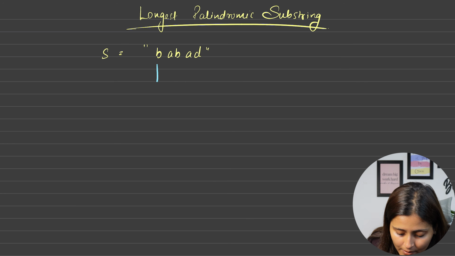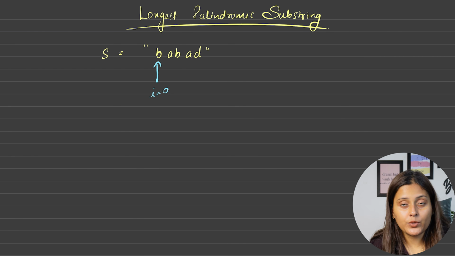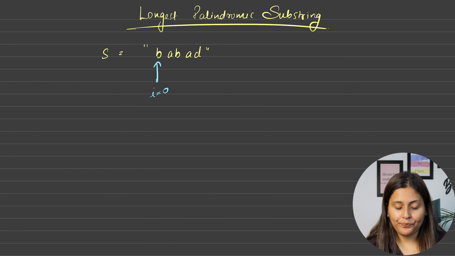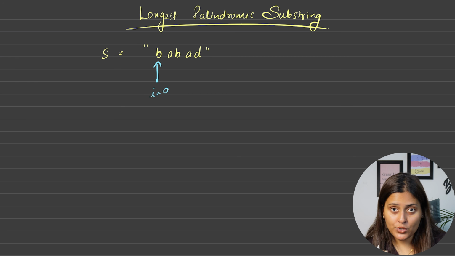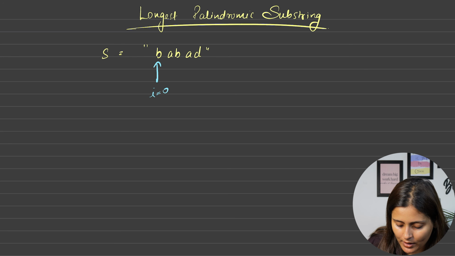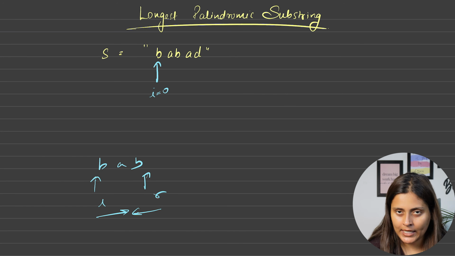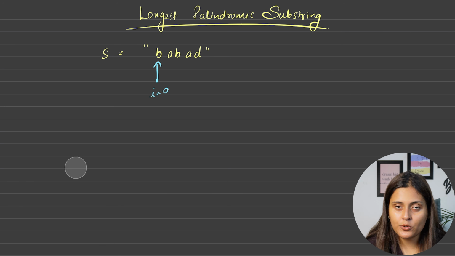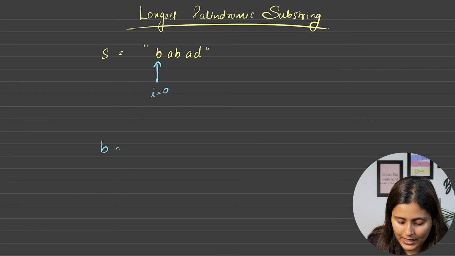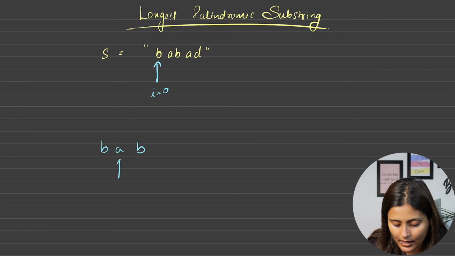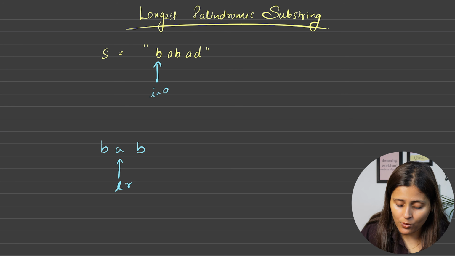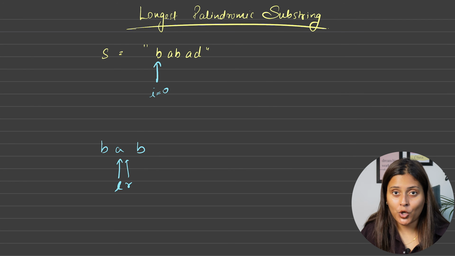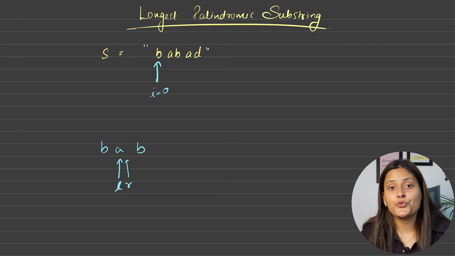Let's see. I am present here, so suppose i is equal to 0. The logic is very simple. To check whether it is a palindrome or not, what we were doing, from a string we were starting a left and right pointer and we were shrinking in the inwards direction to check, correct? But here we will do the opposite. Means if this BAB is a palindrome, we'll start our left and right pointer from here itself, and now to check if it is a palindrome or not, we will expand instead of shrinking.